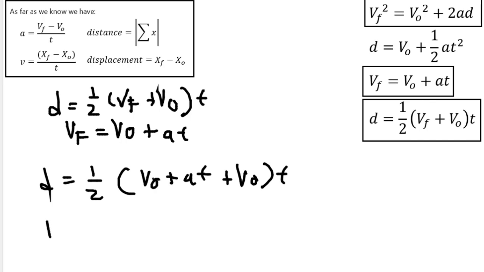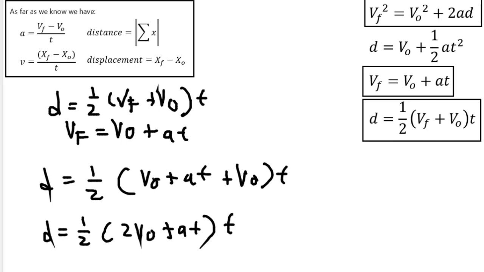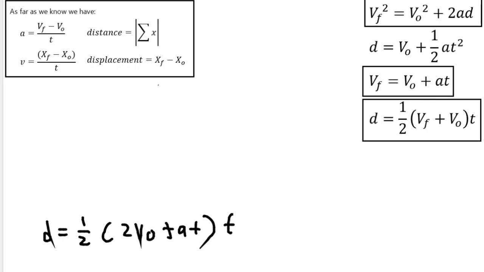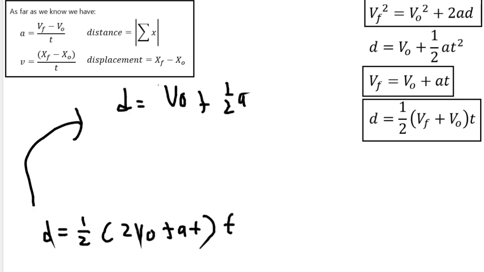Now we can combine like terms, combining V initial, so we get 2V initial plus acceleration and time. Then let's distribute the 1/2, so we get V initial plus 1/2 acceleration and time.